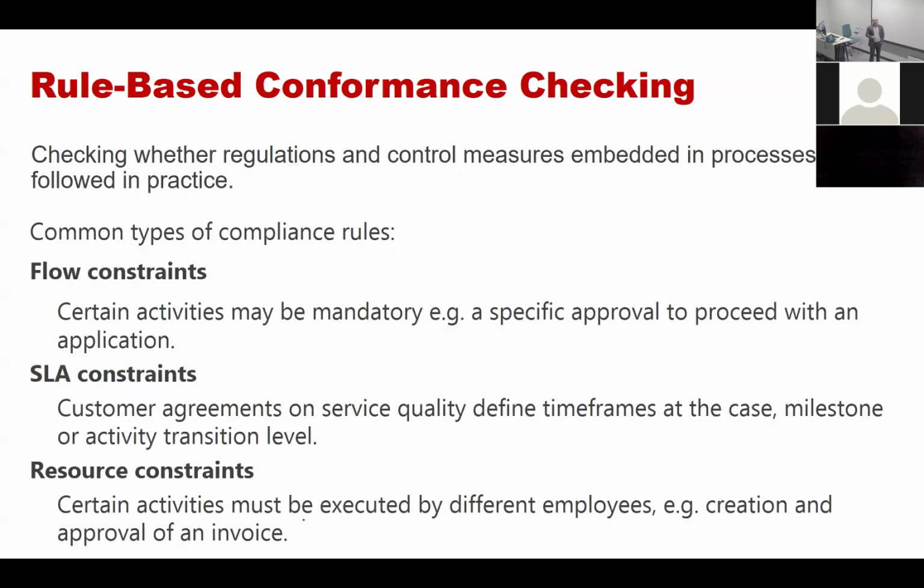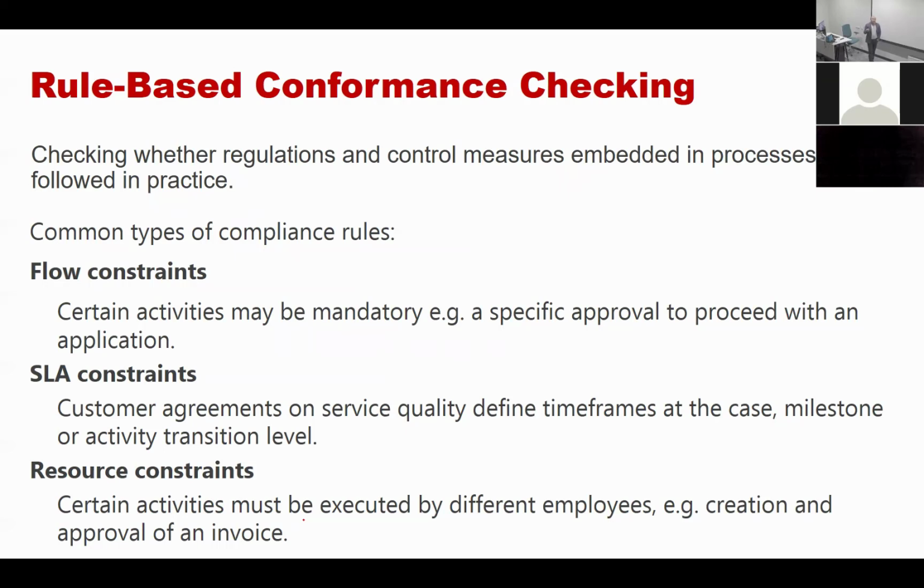So the first type of check is rule-based conformance checking. In rule-based conformance checking, I have regulations or policies, usually written in natural language, and I look at them and translate them into rules.